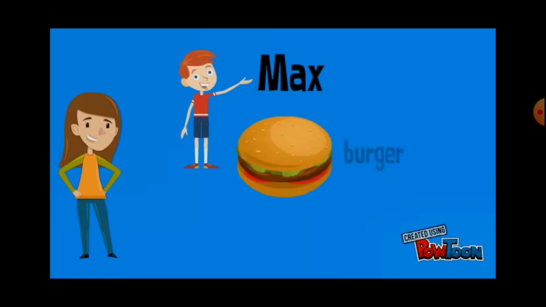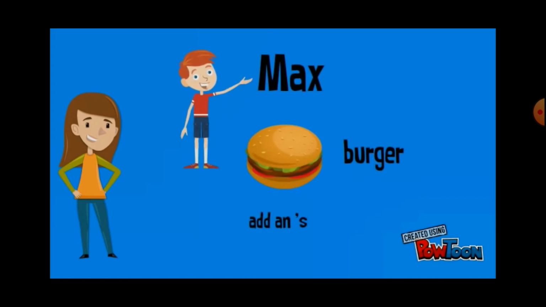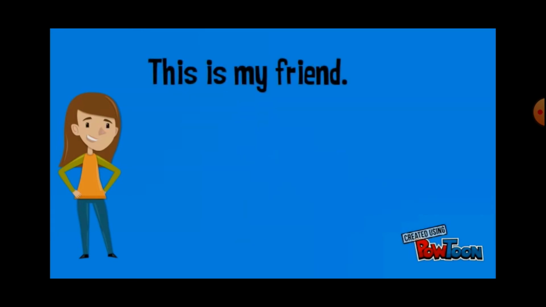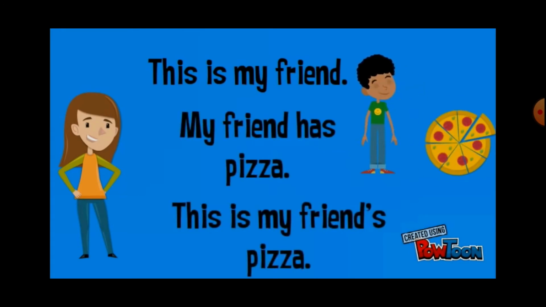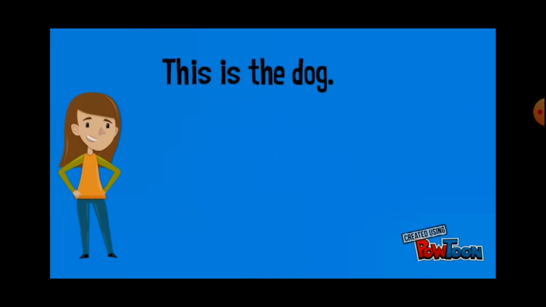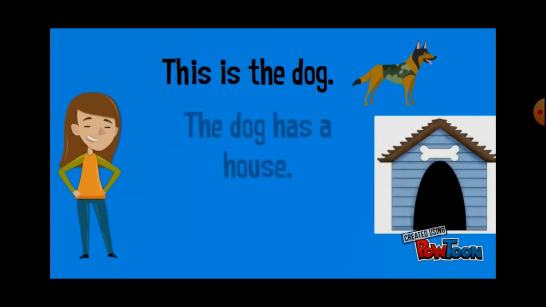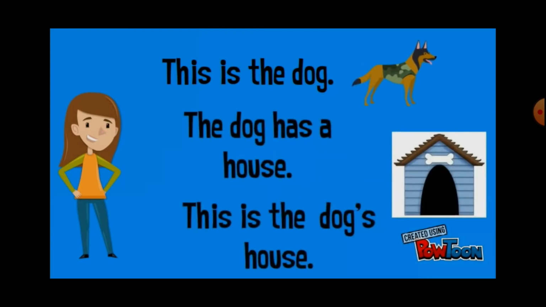Oh, there's Max and his burger. When I add an apostrophe S, it's Max's burger. This is my friend. My friend has pizza. This is my friend's pizza. This is the dog. The dog has a house. This is the dog's house.